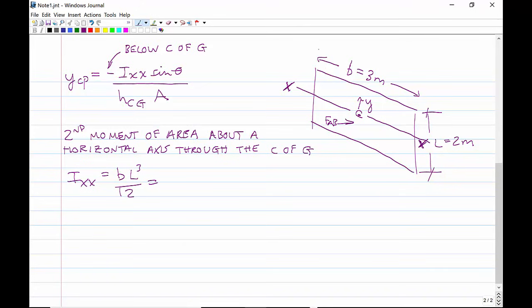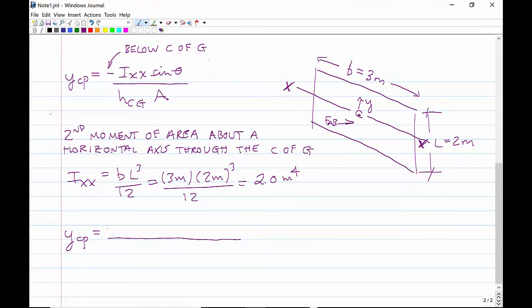And so we have a gate that's 3 meters into the page, 2 meters high, so that's 3 meters times 2 meters cubed divided by 12, and that works out to 2.0 meters to the fourth. So now we can calculate YCP.